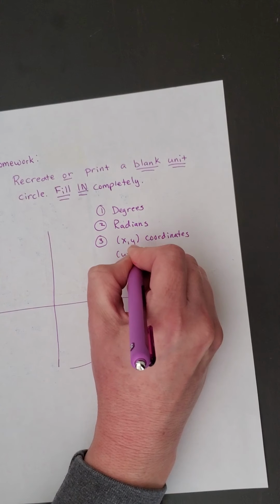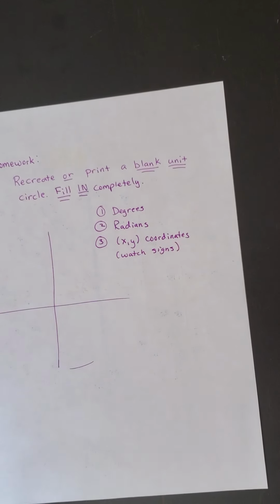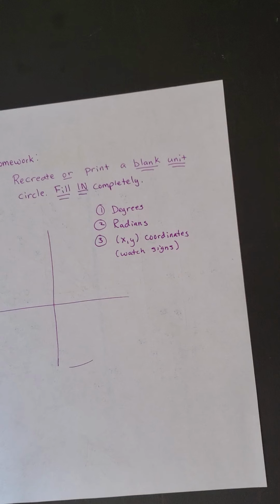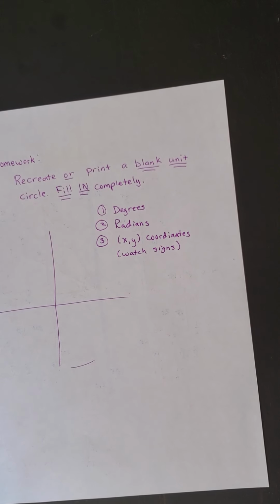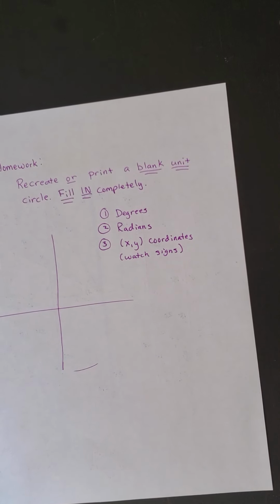And watch your signs. After you've filled in your unit circle, the next set of notes will be using the unit circle. Now, the reason I'm redoing this, for those of you who understood this lesson, wonderful. But I got a lot of comments that people were very lost, so you need to understand the unit circle before you can use it.